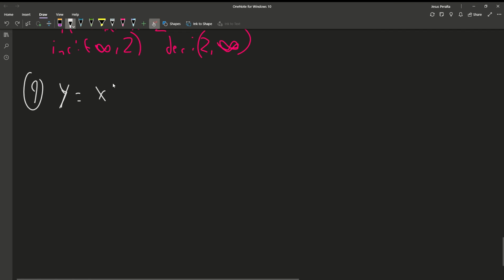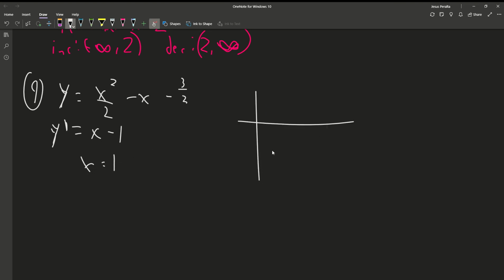The derivative would be, sorry, it would not be 1, it would be x minus 1. Set it equal to 0, x is equal to 1, that is a critical number.